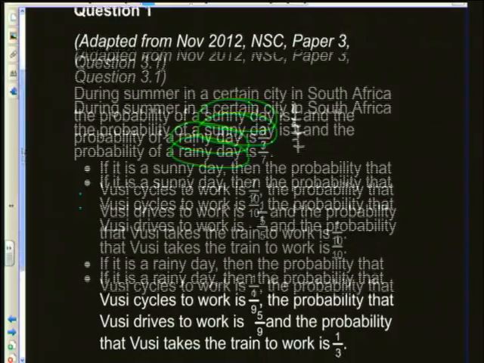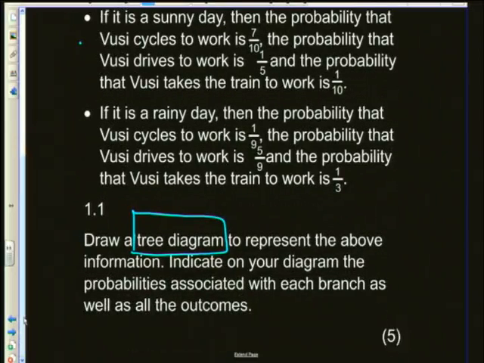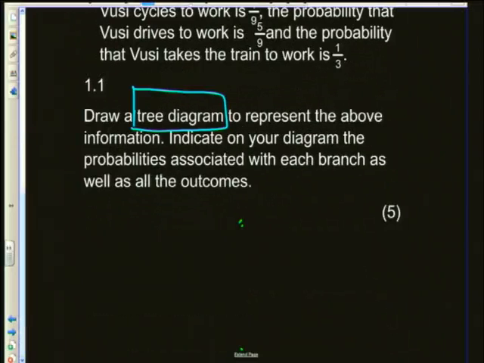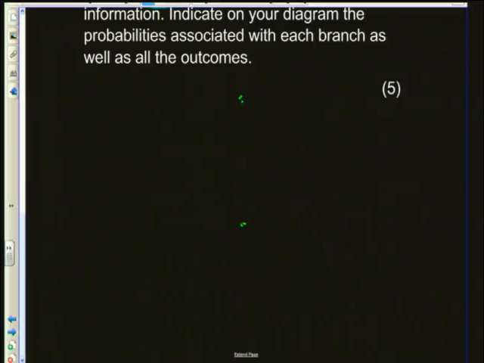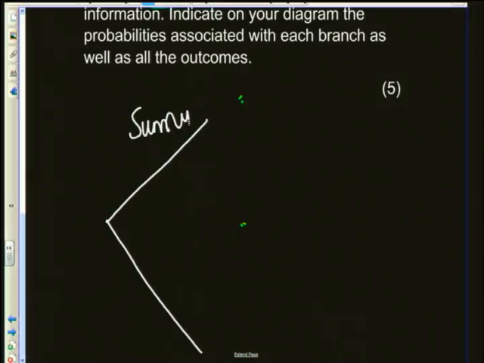So we can already start with our tree diagram, and we can talk about our choice of whether we have a rainy day or a sunny day. So my sunny day has a probability of 4/7, and a rainy day has a probability of 3/7. So my choice of 2 days.